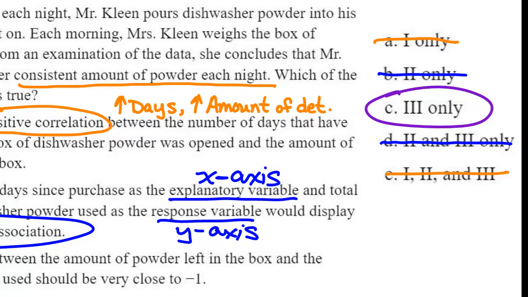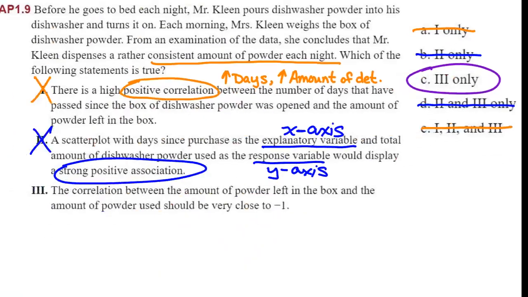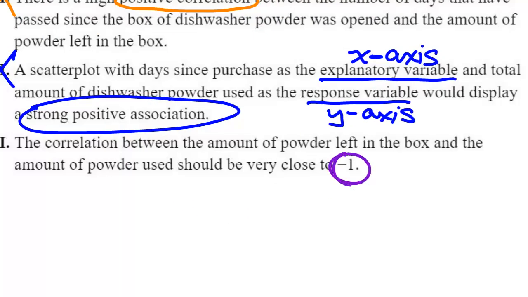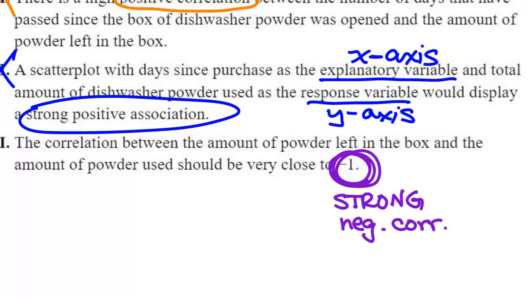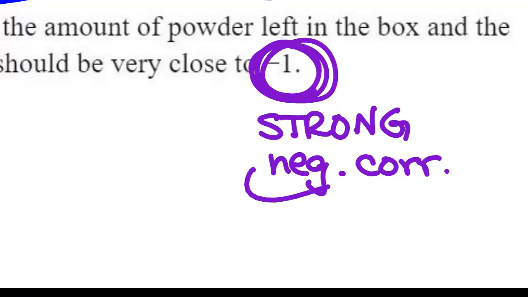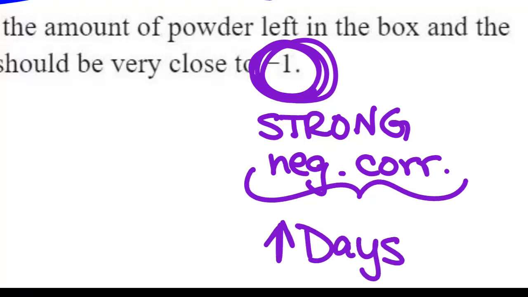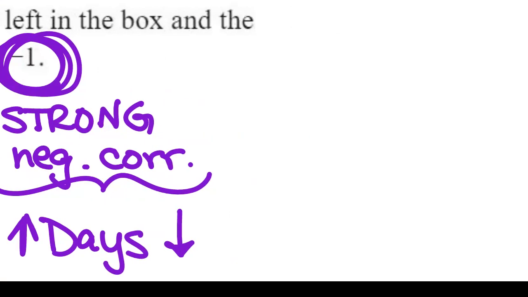The correlation between the amount of powder left in the box and the amount of powder used should be very close to -1. This is a strong negative correlation. Negative correlation would mean as days go up, amount of powder goes down.